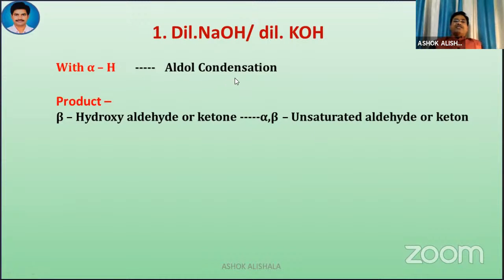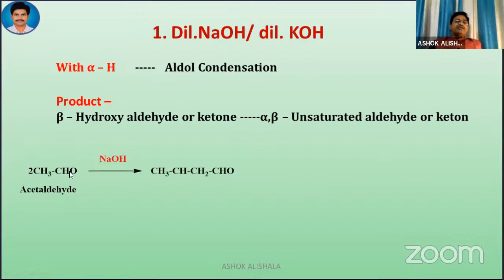Aldol condensation, or aldol reaction, is when aldehydes or ketones which contain alpha hydrogen are treated with dilute NaOH or KOH, the product is a beta hydroxy aldehyde or ketone, but it immediately loses a water molecule to form an alpha beta unsaturated aldehyde or ketone.